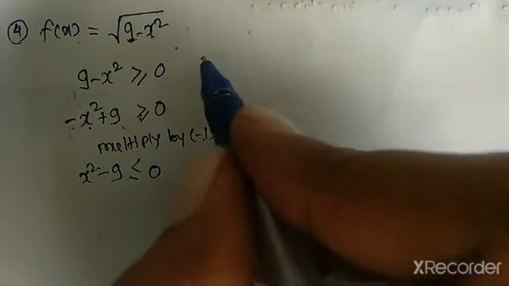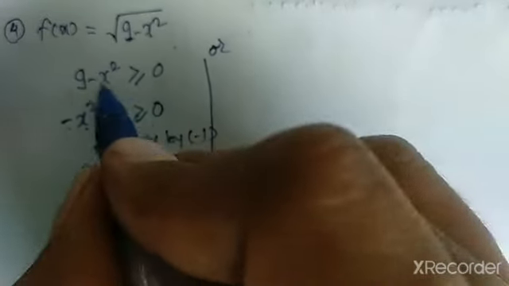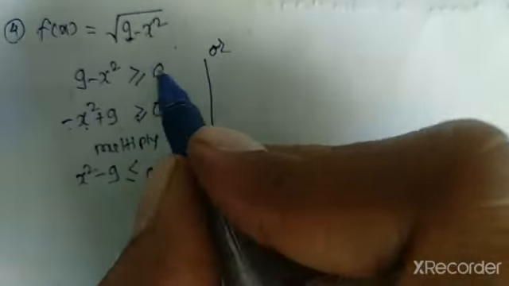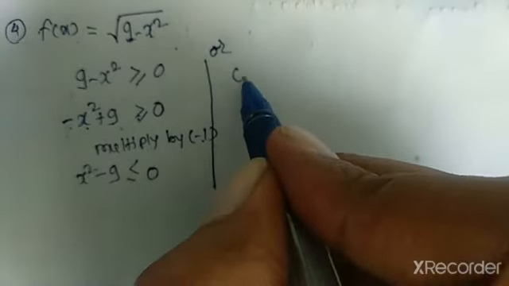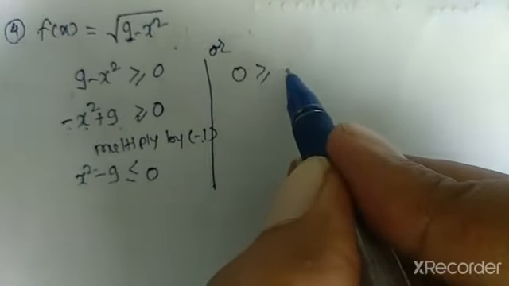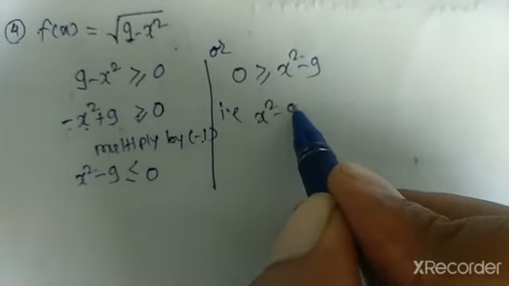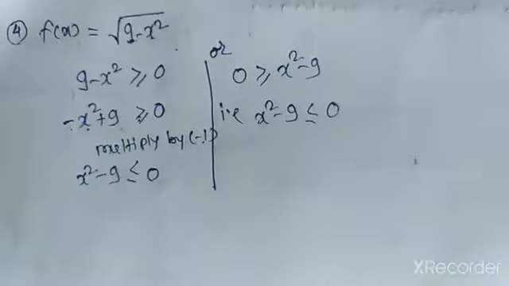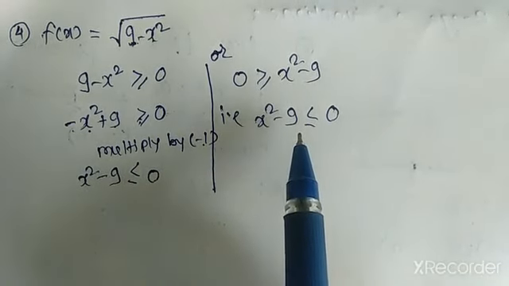Or you can also solve it like this: shift 9 minus x square to the right side, so it becomes 0 greater than or equal to x square minus 9, which means x square minus 9 less than or equal to 0. These are two processes which are easy, you can take either one.